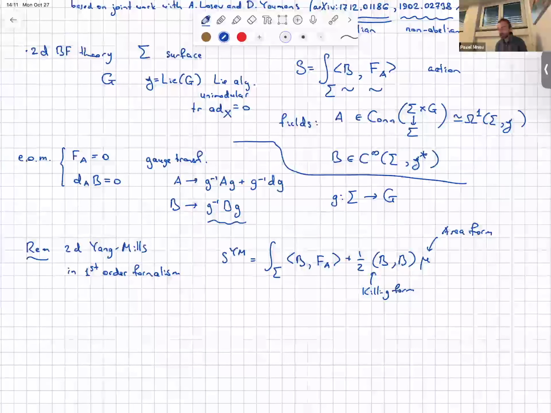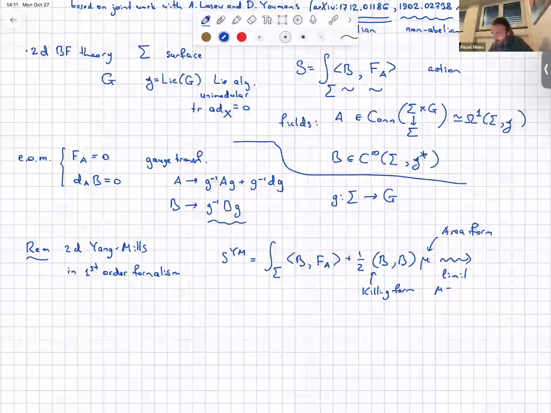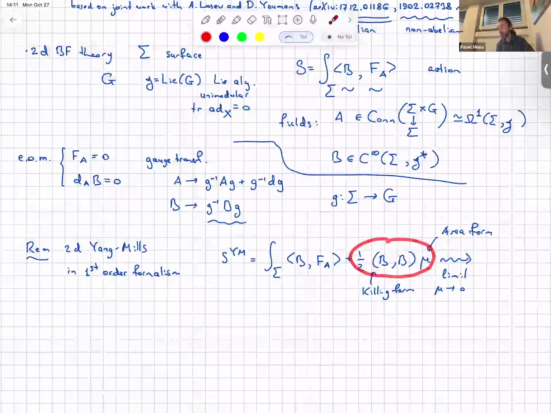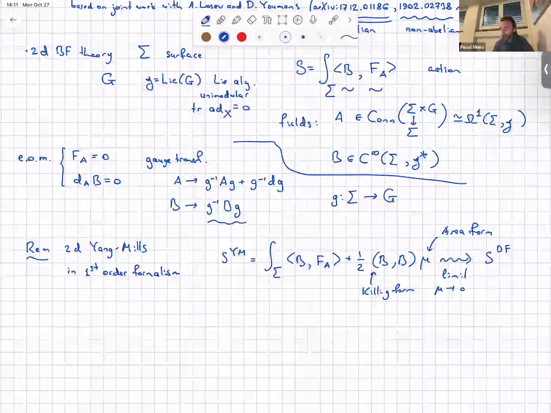Various quantum answers in Yang-Mills depend on the area of the surface. But BF theory is the limit of the area going to 0, or taking the area form to 0. If I take the area form to 0, then the second term vanishes, and what we recover is the BF action.